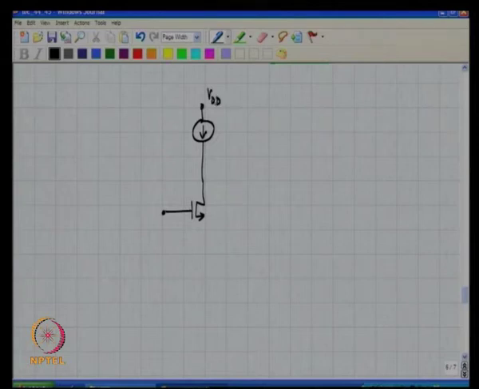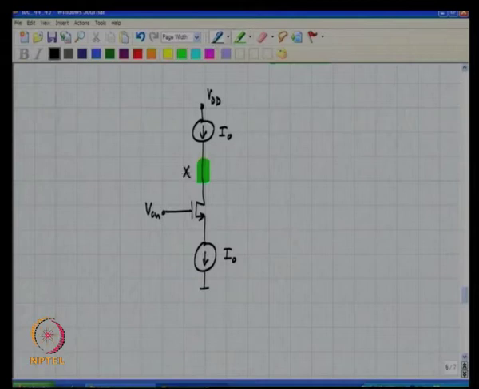This is VDD, this is I naught, and this is I naught, this is VCM, and we are interested in the node potential at x.